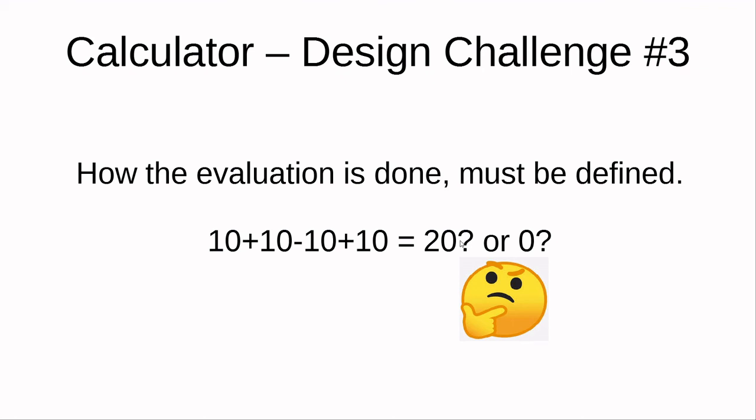So the method of evaluation must be clear, must be well articulated and defined, so that a user of your calculator would not have unexpected results for certain types of calculations.